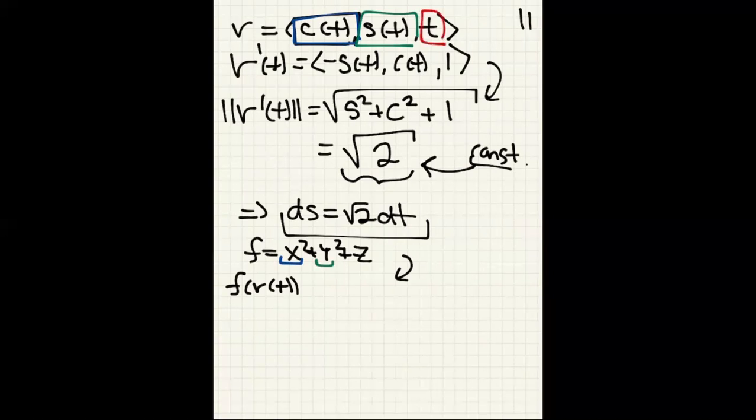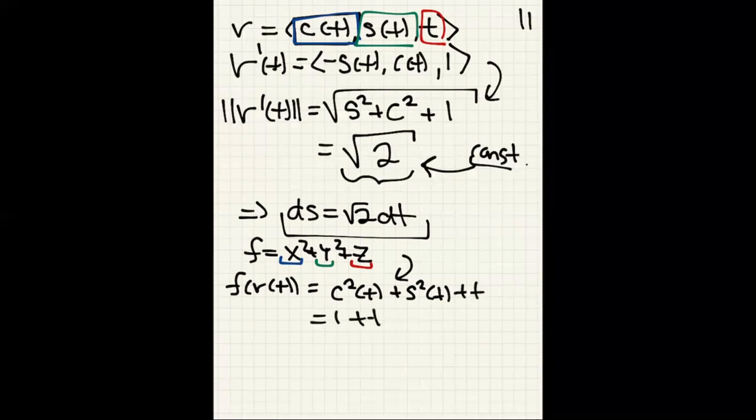So to get a single function of t, this is not too bad. The blue substitution is a cosine squared of t, plus that green substitution is a sine squared of t, and subbing into that z gives me just a t. And that's just 1 plus t.